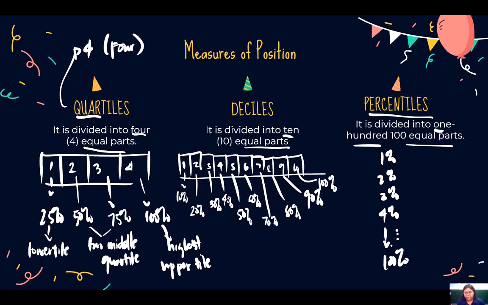So that is the quartile, decile, and percentile, the types of measures of position. If you are asked what the measures of position are: quartile, decile, and percentile. Again, quartile is for 4, decile is 10, and percentile is 100.